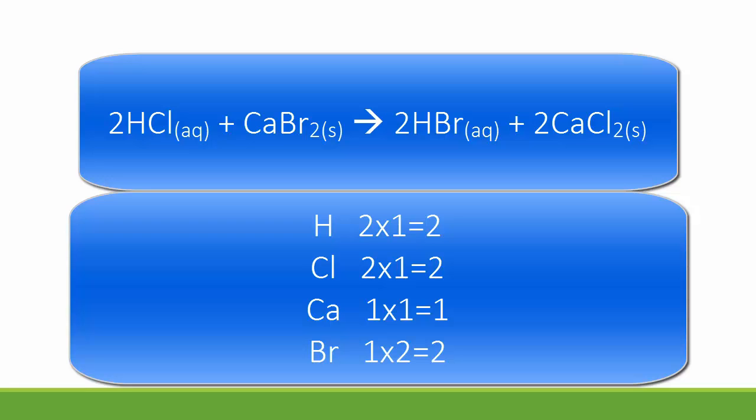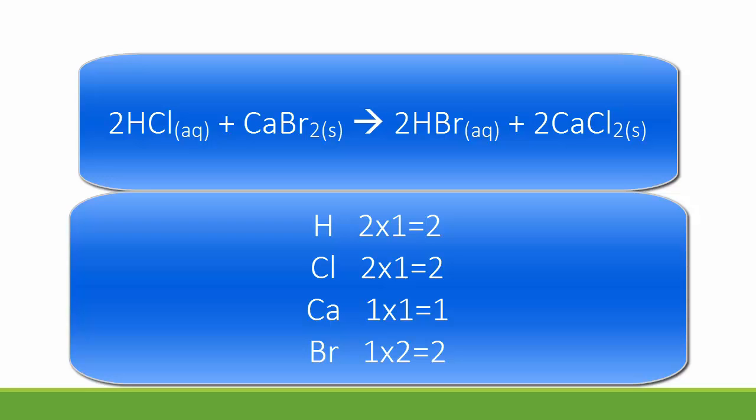Calcium, it only occurs here. How many do I have? Right, I have 1 set of 1, which equals 1. They're not written, but they're implied, so we can kind of visualize them. And then I have bromine. Looking across from left to right, that's the only time it occurs.